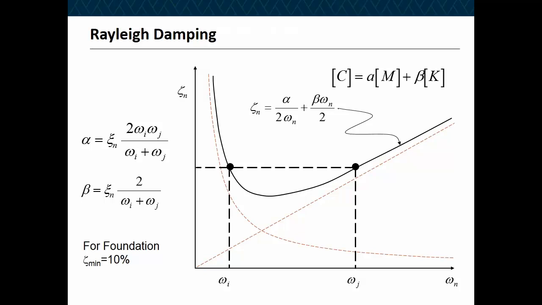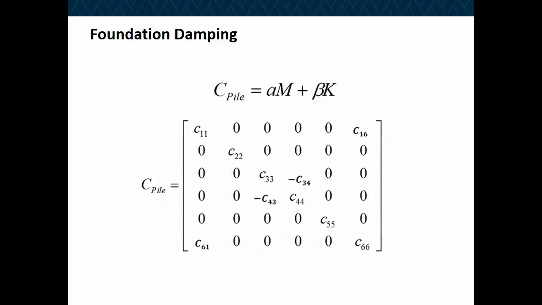Now, typically when you design a structure, you use 5% damping. However, because foundation has a lot more than 5% damping, typically for foundation you need to use at least about 10% damping for this value zeta here when you solve for the C matrix. So that's how you develop your damping matrix.